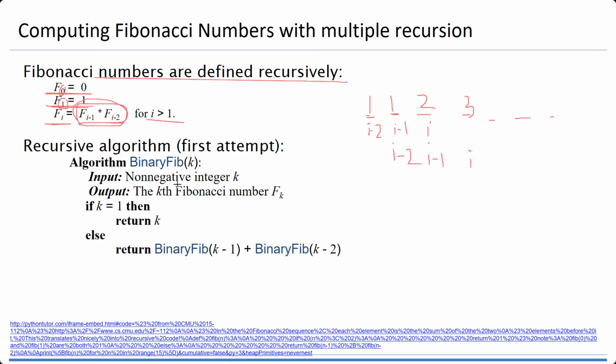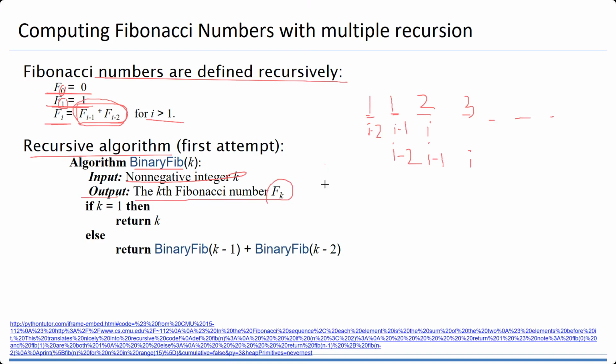Now, let's try to use the recursive algorithm. If we use the recursive algorithm with the binary Fibonacci, the input will be a non-negative integer k, so any number that is higher than or equal to 0. The output will be the k-th Fibonacci number, Fk.